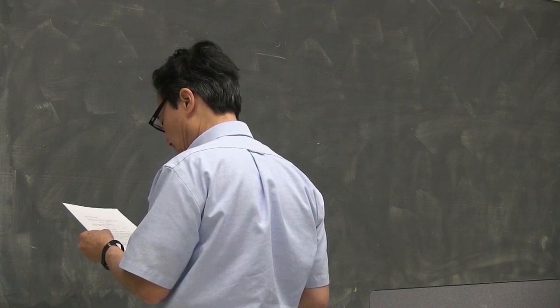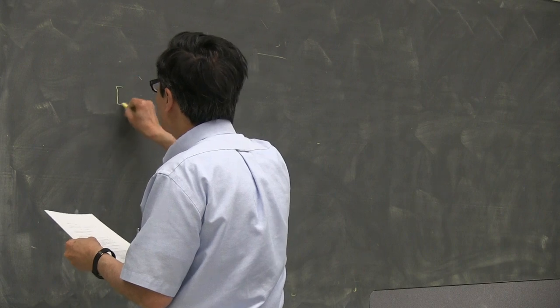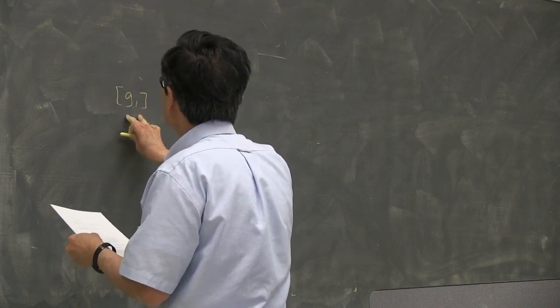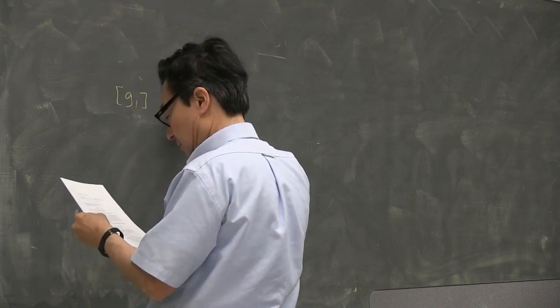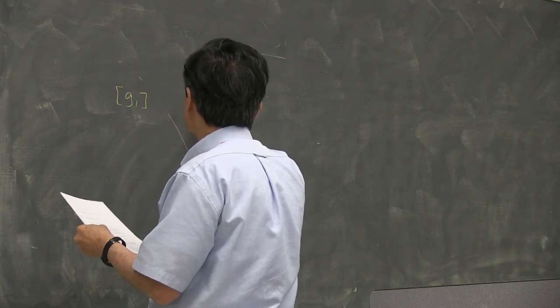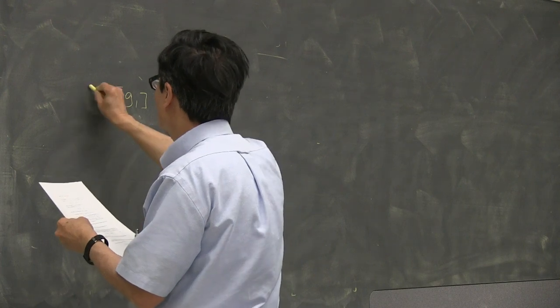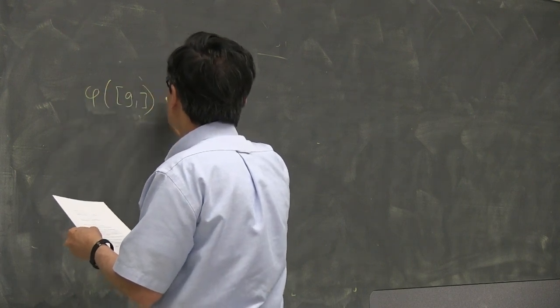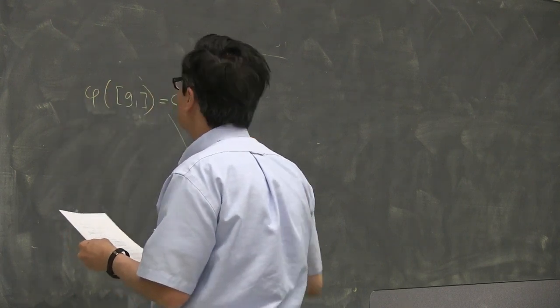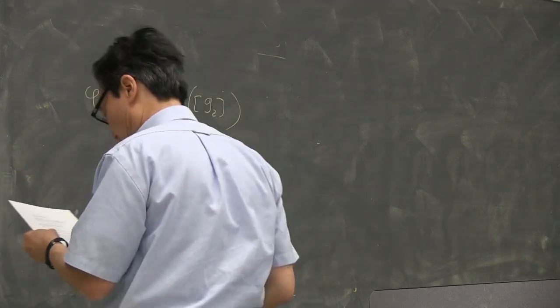One-to-one property first. So, supposing that there's this coset, and there's another coset, and suppose phi of G1 is equal to phi of G2 in this way in here.